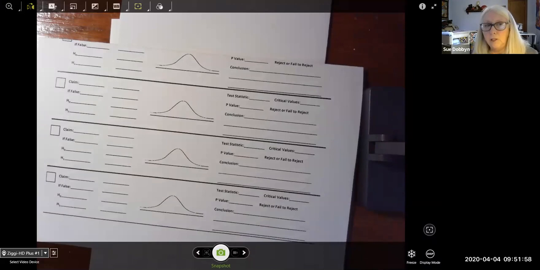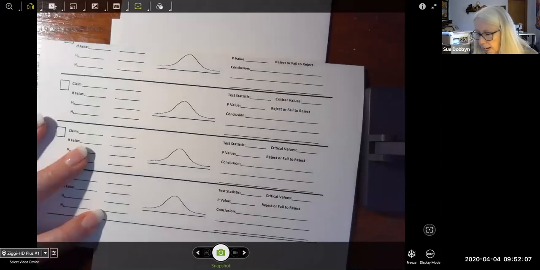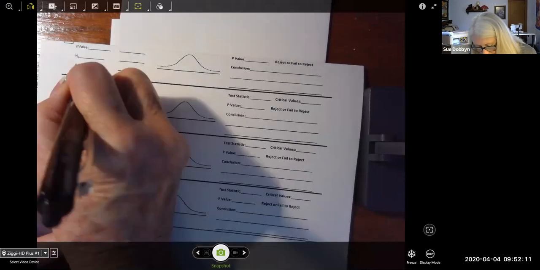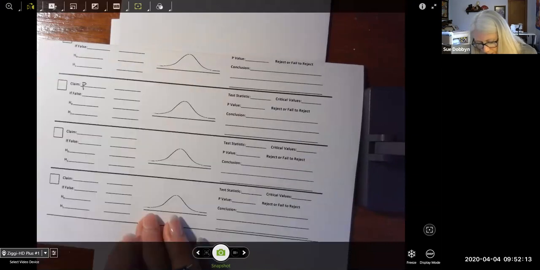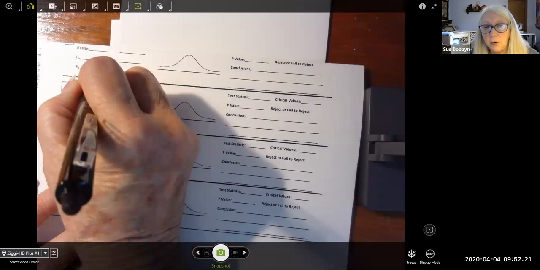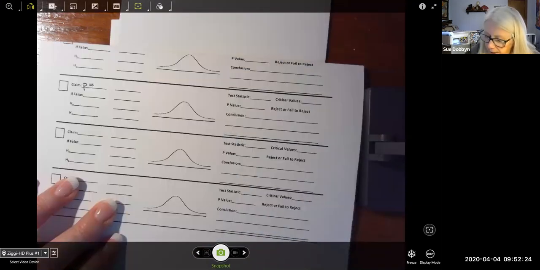Okay, so to write that claim, again, I see a percent, so I know this is a proportions test. So the symbol is p, and it says claims that literally 51%. So that means the proportion they're claiming is actually equal to 51%. And we write 51% as 0.51.